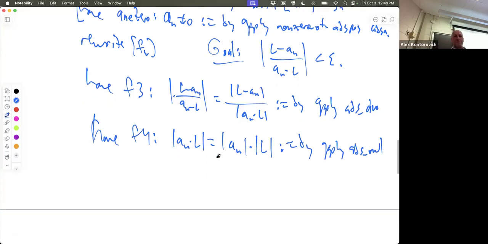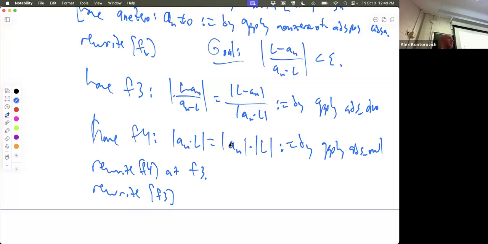Okay, and maybe if we rewrite this into here and then this into the goal, so maybe let's rewrite F4 at F3. That'll put this into the denominator, and then let's rewrite F3 into the goal. The reason I'm rewriting and not doing any kind of linear arithmetic is because it's not linear arithmetic. There's stuff from the denominator that's changing. So it's not just going to be able to chain it.